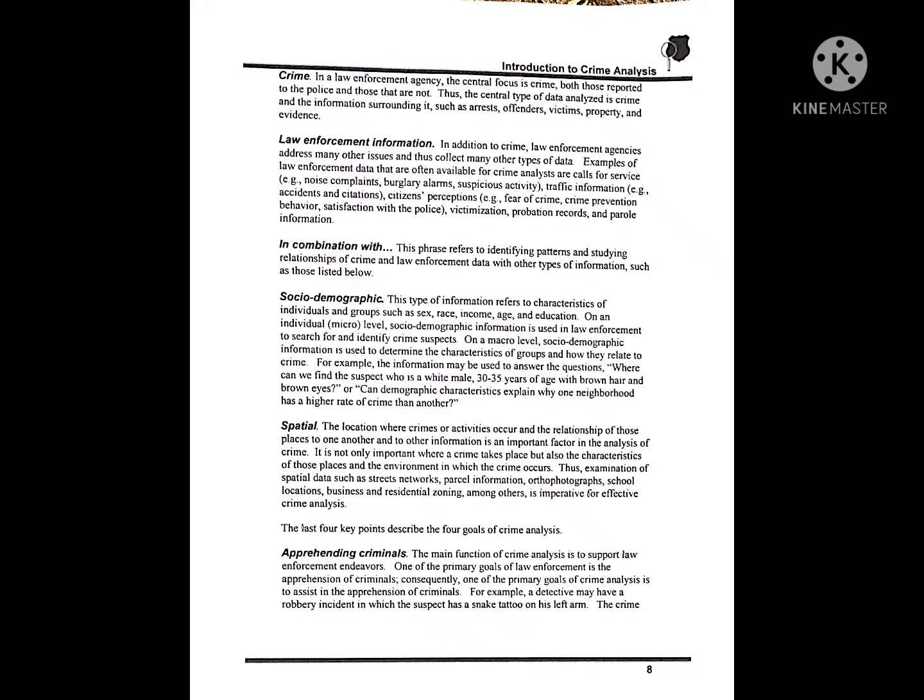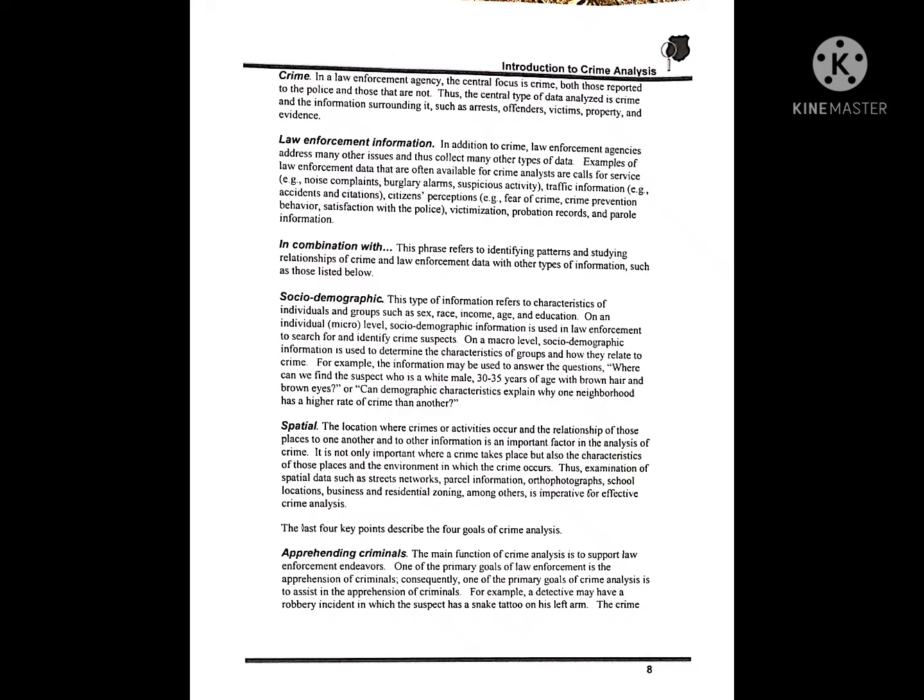In combination with, this phrase refers to identifying patterns and studying relationships of crime and law enforcement data with other types of information, okay, such as those listed. First, the socio-demographic, and second is yung spatial. Okay, so first is the socio-demographic.